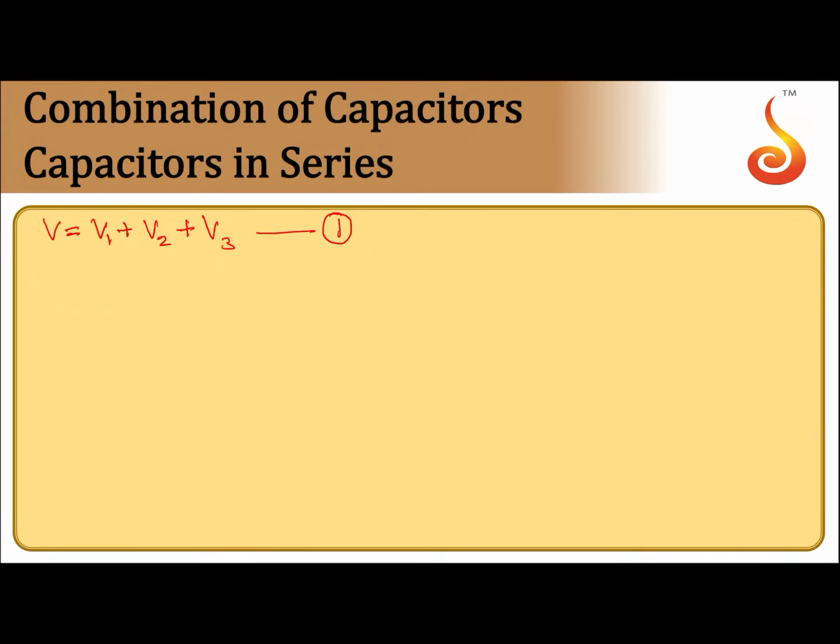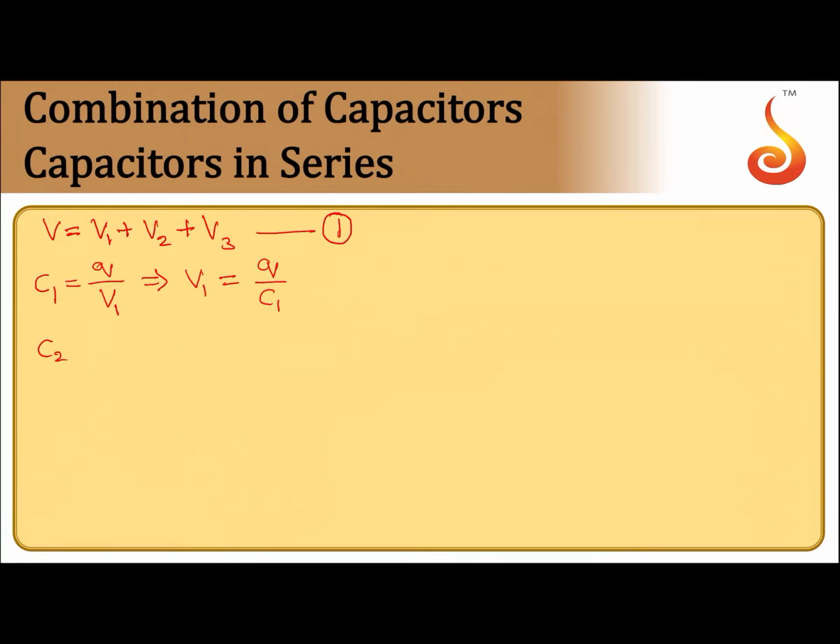Let us call this equation 1. Now from the definition of capacitance, we know that C1 is equal to Q by V1. Q is the same for all the capacitors. So I can solve for V1 from this. V1 will be equal to Q by C1.